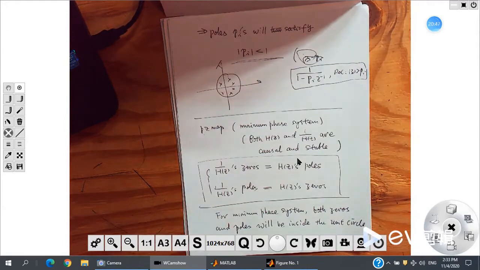So this is the feature of a minimal phase system. You check all the zeros and the poles. If all of them are inside the unit circle, it will be a minimal phase system.